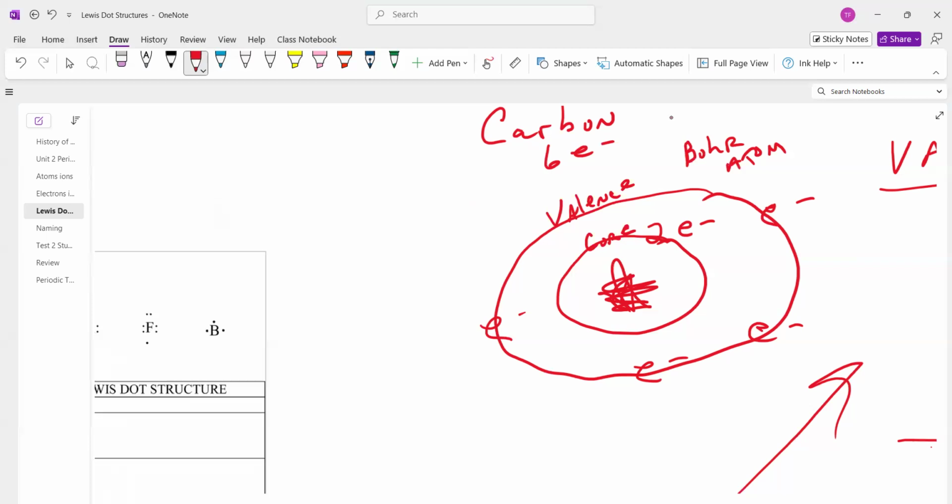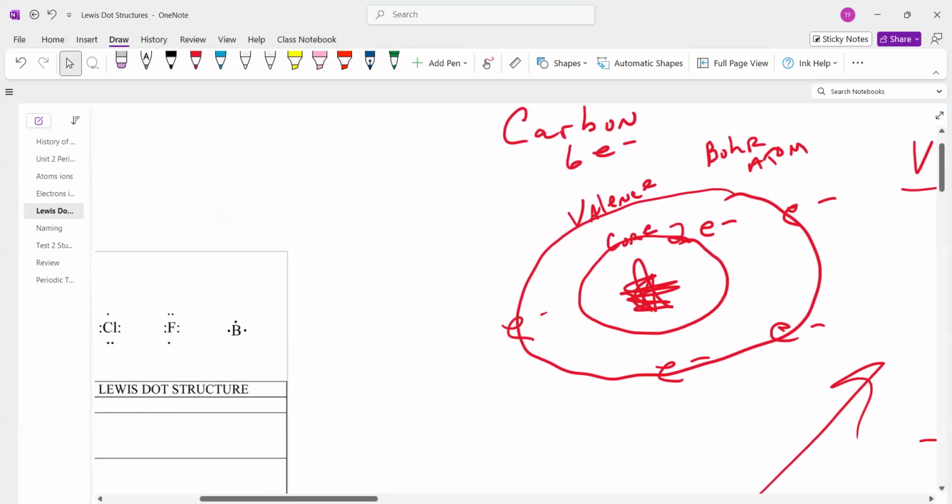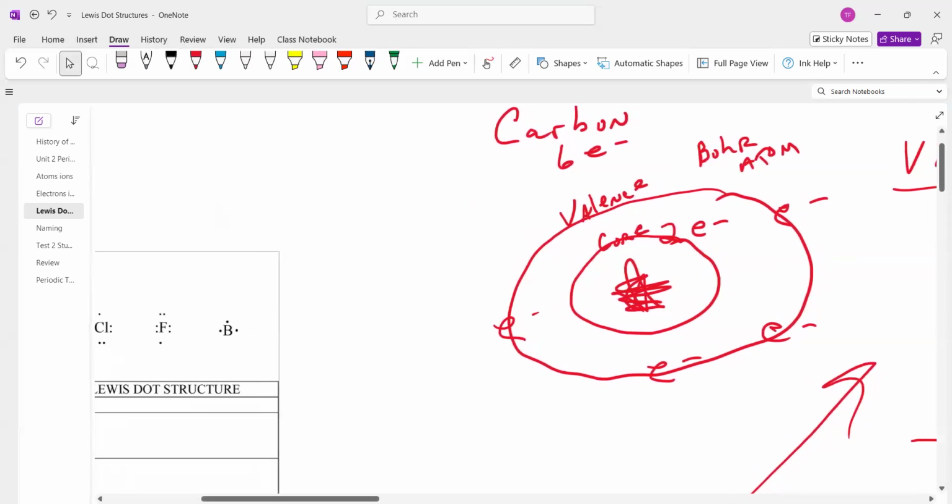Now, say we wanted to hook up carbon with something else. Let's say we wanted to hook it up with nitrogen. We're going to have a carbon nitrogen molecule. Let's look at the way the valence electrons are going to fit into those. Now we know carbon has 4 singletons.